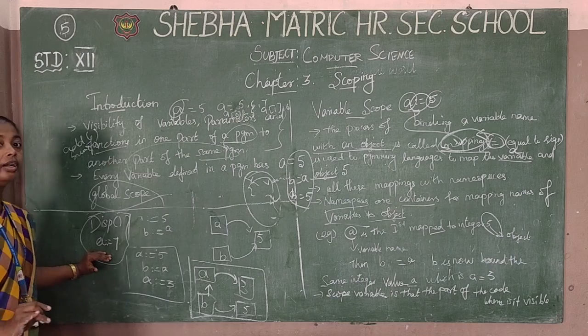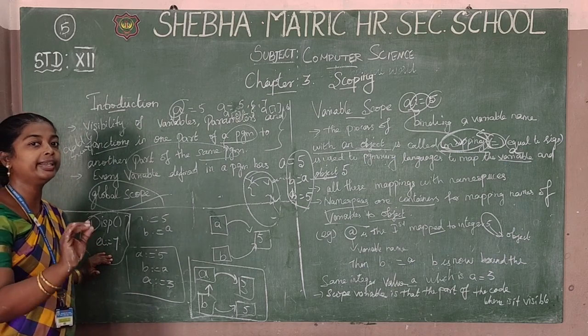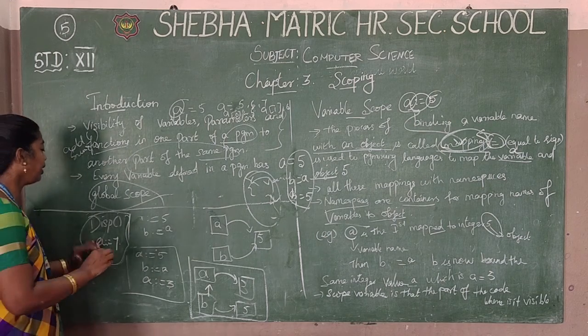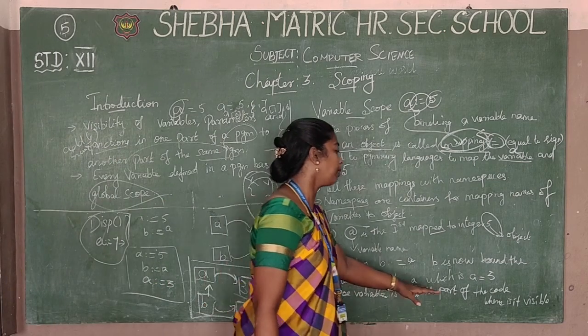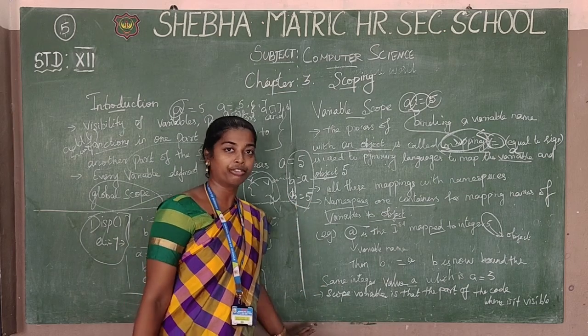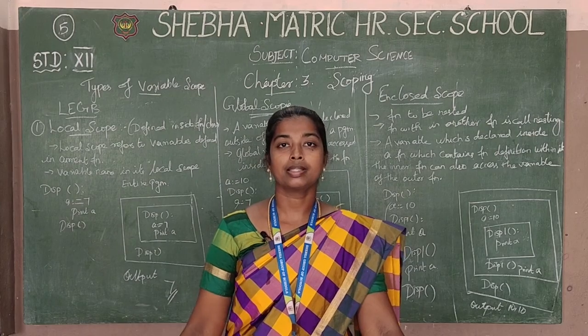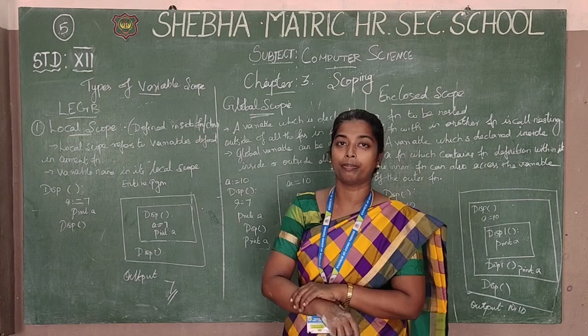Then it is not declared in the variable name. For example, an integer value or float value we cannot declare. So it is not visible to the function. The scope of variable is the part of the code where it is visible. Only visible in the function is the scope of variable. Okay, clear?